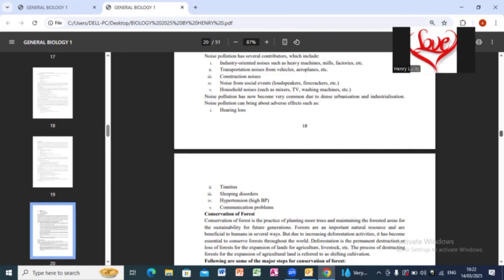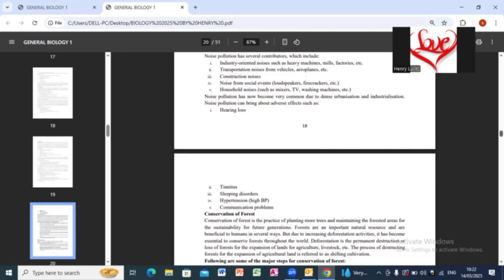So the environment will become so challenging or problematic to the organisms, leading to their death. When this happens, some can also become a threat to humans. You start seeing reptiles and the rest in the house. So conservation of forests is the practice of planting more trees and maintaining forested areas.